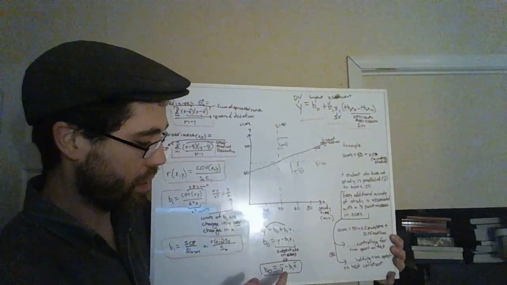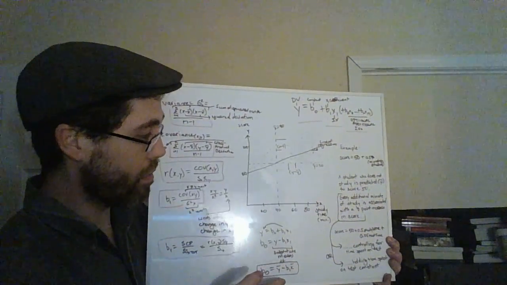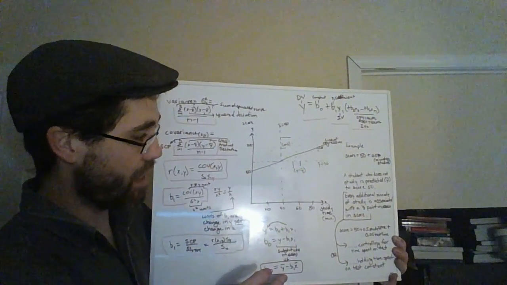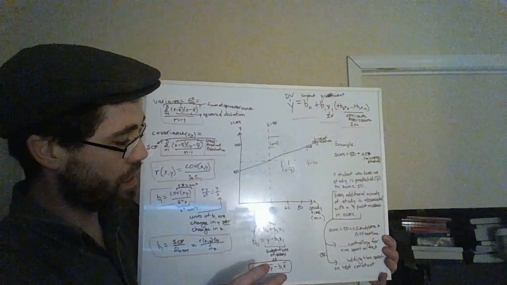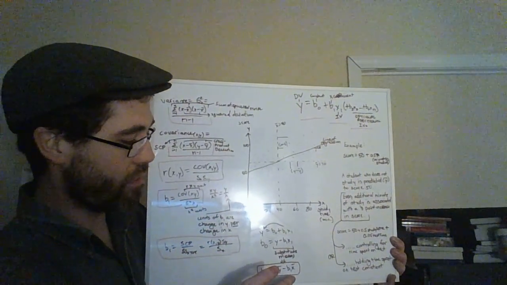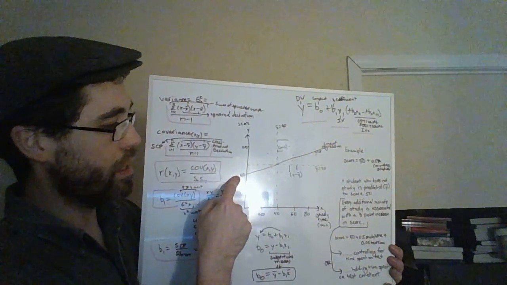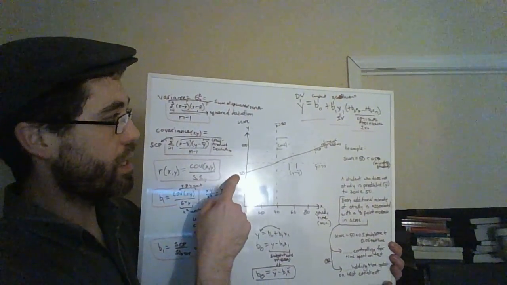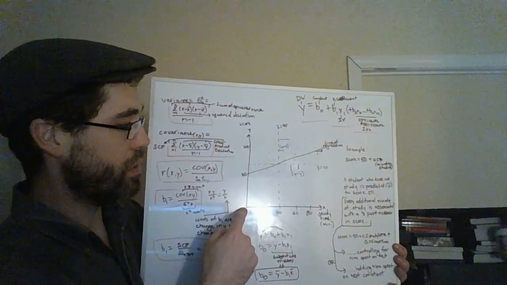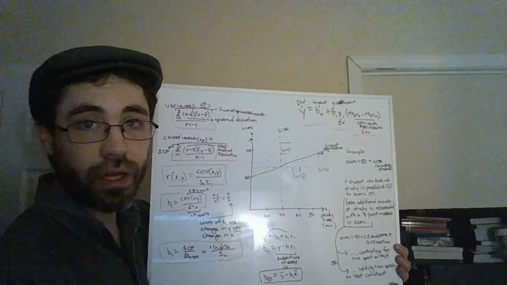So in this case, constant equals 70 minus 40 times 0.5, or minus 20, which is 50. And you see here, that's where the line intersects the y axis at x equals 0, y equals 50.